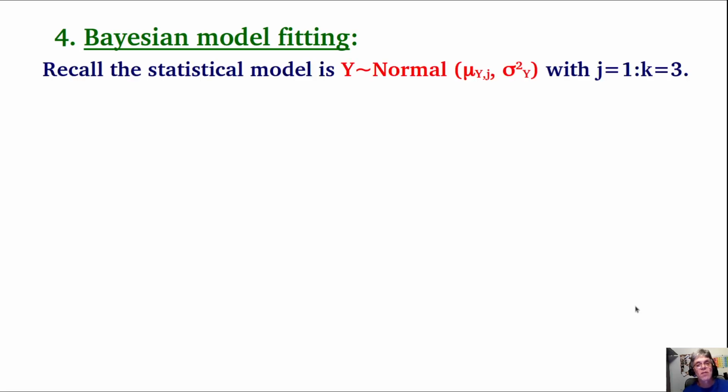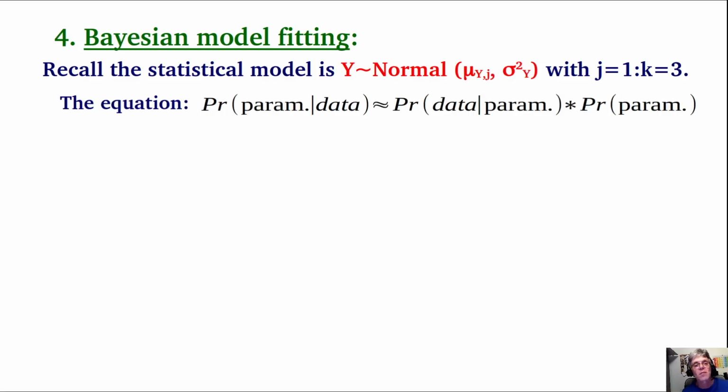In terms of the Bayesian model fitting, again we start by recalling the statistical model, and let's recall the fundamental equation for estimation in Bayesian statistics: the posterior distribution of the parameters given the data is proportional to the likelihood times the prior.